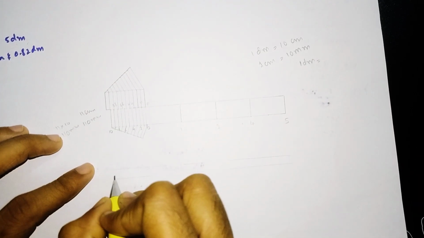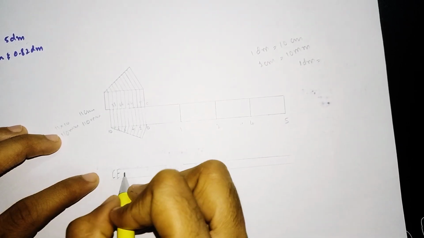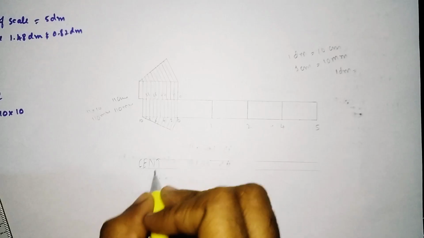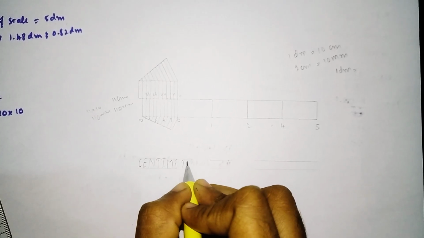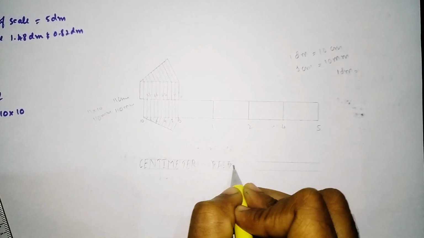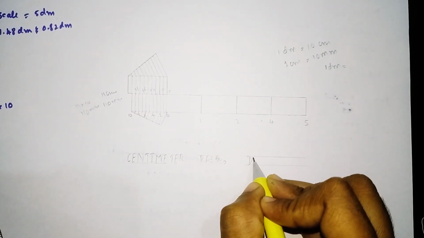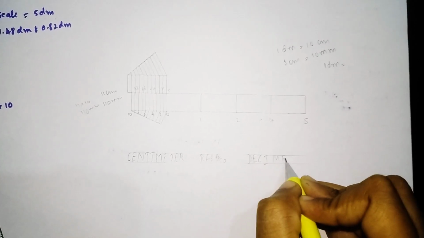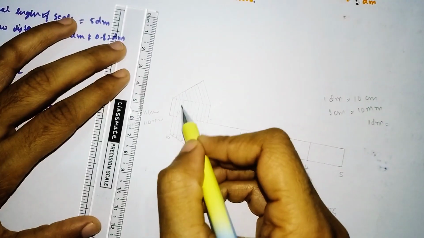So this value is in centimeter, so you can write the RF value 1 divided by 50 here, and this value shows the value of decimeter. So the value of decimeter it shows, you can write it here. It shows the decimeter value, and from here this shows the millimeter.